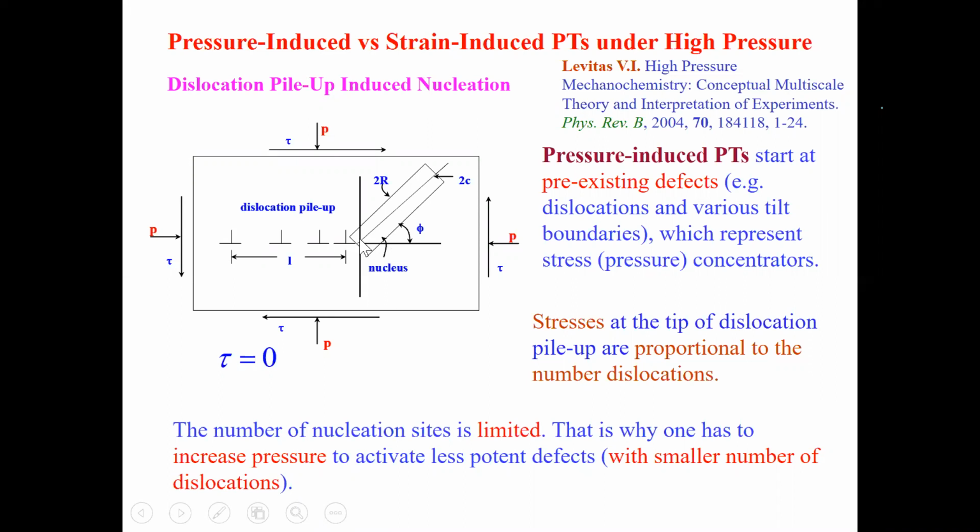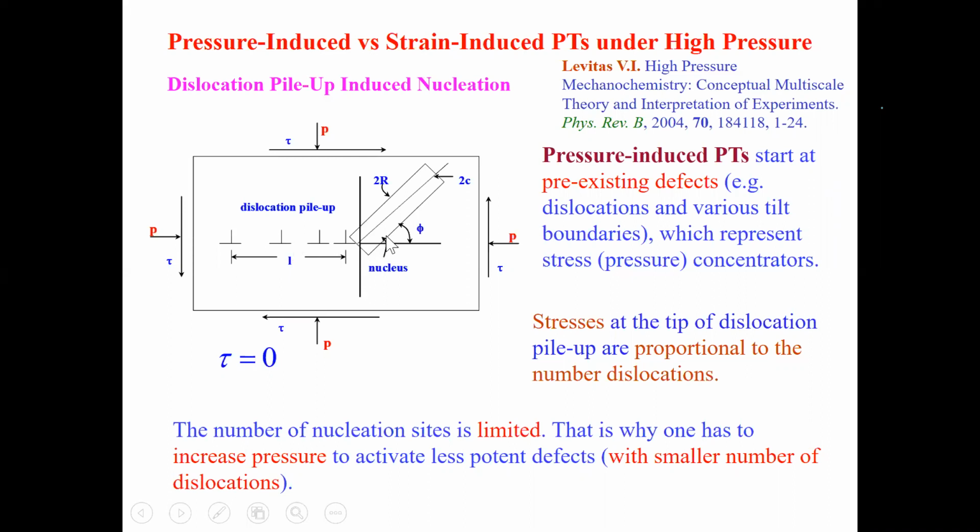So that means that in this region, pressure reaches 15 GPa and nucleation starts. But then pressure should be increased to activate nucleation at a 4-dislocation pileup. Well, let's say pressure concentration is 4 GPa. So we need to reach 11 GPa. And so on. Then we need to increase to 12 GPa.